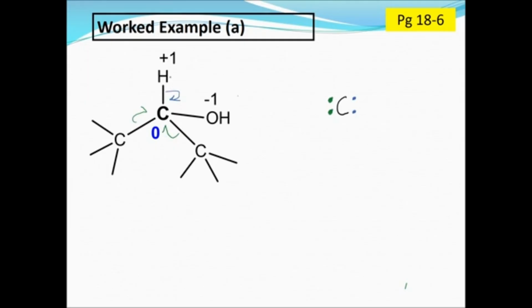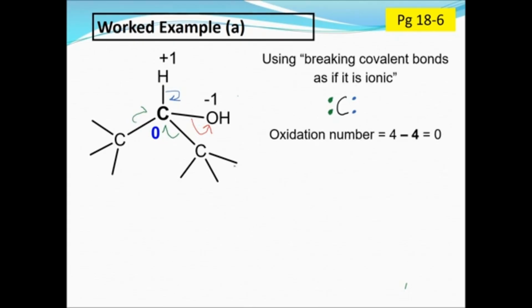The CH bond, carbon is considered more electronegative. It will gain both electrons from the hydrogen, whereas for the CO bond, both electrons will go to the oxygen. Therefore, this is considered a zero oxidation state for this carbon. So this method is breaking the covalent bond as if it is ionic.